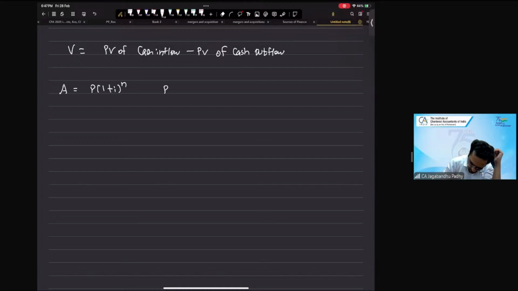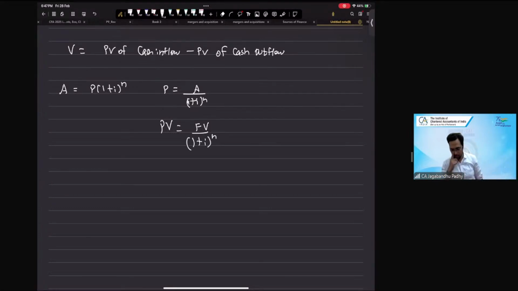Now, if I ask you, what should P be equal to? It should be A upon (1 plus I) raised to N. So essentially, present value is whatever you will be getting in the future divided by (1 plus I) raised to the number of years. Present value is equal to future value upon (1 plus I) raised to N. Now, this I is the required rate of return.